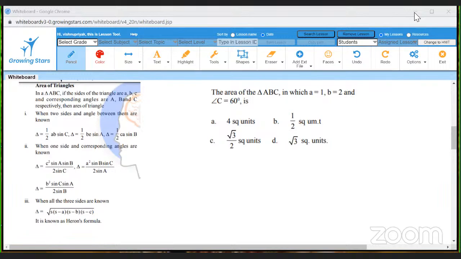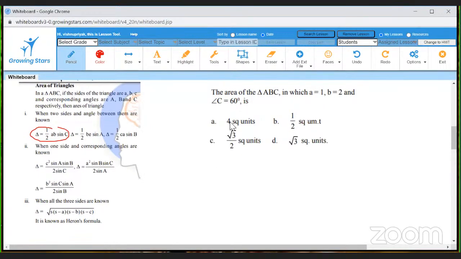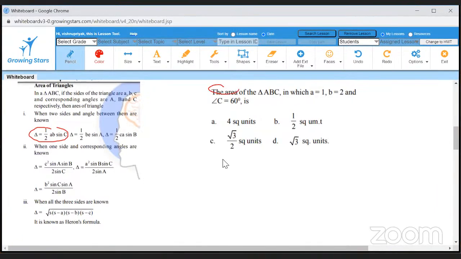Yes, Lohit is correct. The answer is C. So let me show you how the answer is C. You will be using this formula, area, because you have to find area.